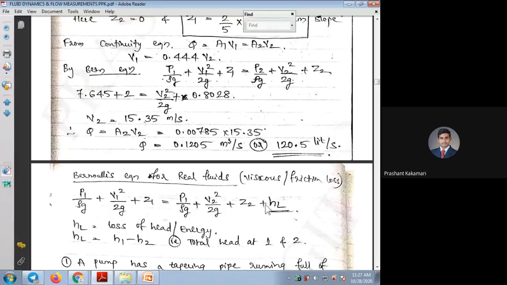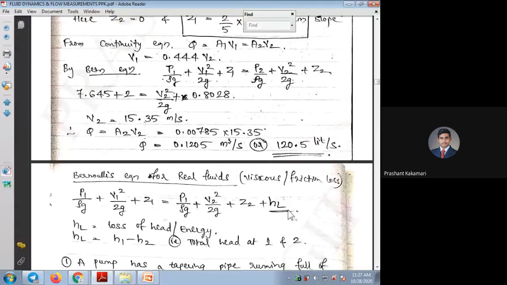Those losses we need to consider as HL. Or sometimes they find the total head at 1 and total head at 2, and the difference of these two heads can also be found out as HL.